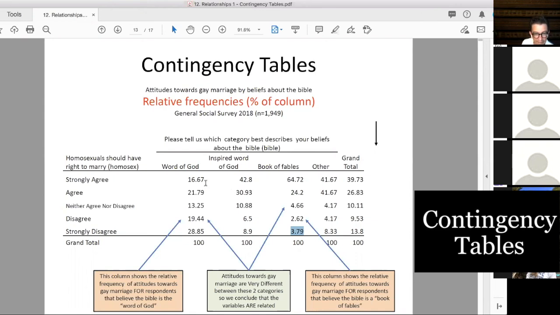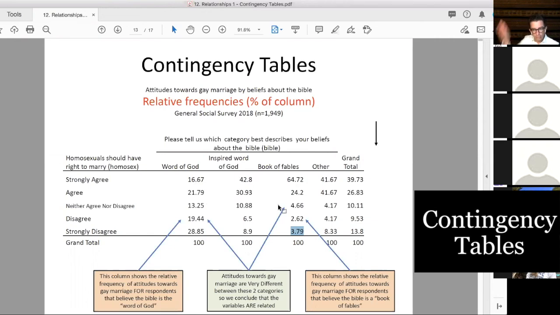So if we see big differences in column percentages, then we say that your attitudes towards gay marriage vary across beliefs about the Bible. And that means that they are related. These two variables are related.